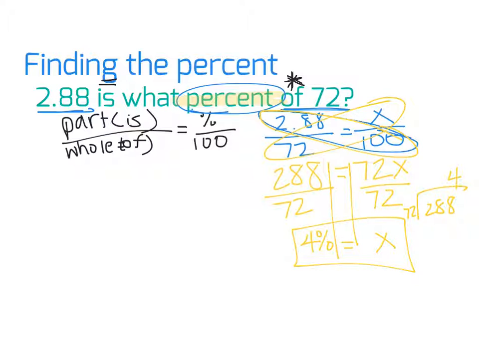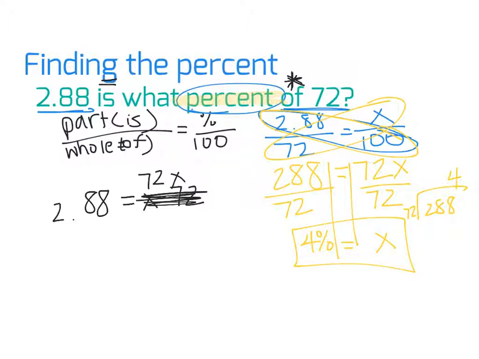One way that you could set this type of problem up is you could do 2 and 88/100ths equals, since I don't know what percent, you can just put x times 72, which you could write as 72x instead, because that's actually the better way to write it.